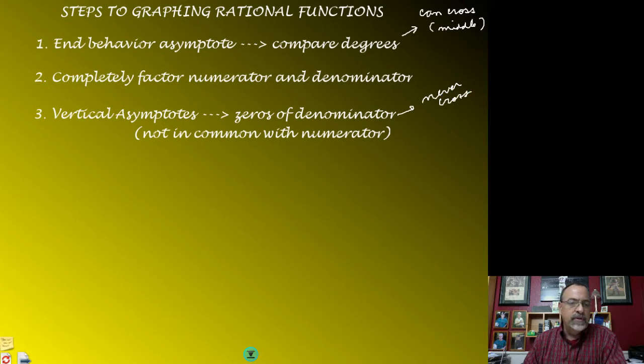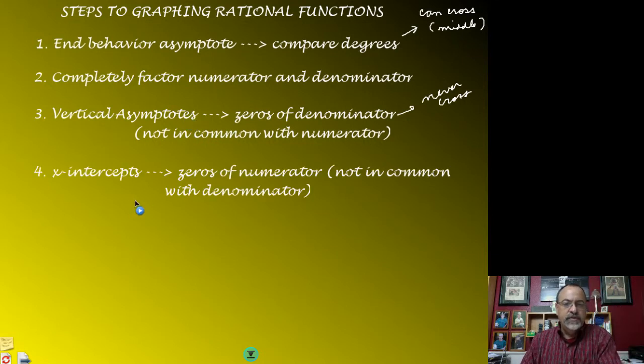Those are permanent, impenetrable boundaries that the graph cannot cross. Now, it will show up on the other side, but it cannot cross it in any place. And the way to determine those is to find any 0 of the denominator. And I'll talk about this after I talk about the next step.